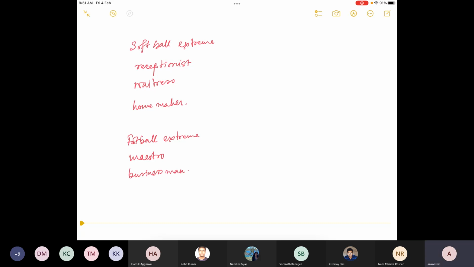Now what we observe is that for these type of words, where beta W is always softball and the other one is a placeholder, could be receptionist, waitress, homemaker, the beta values are very high.